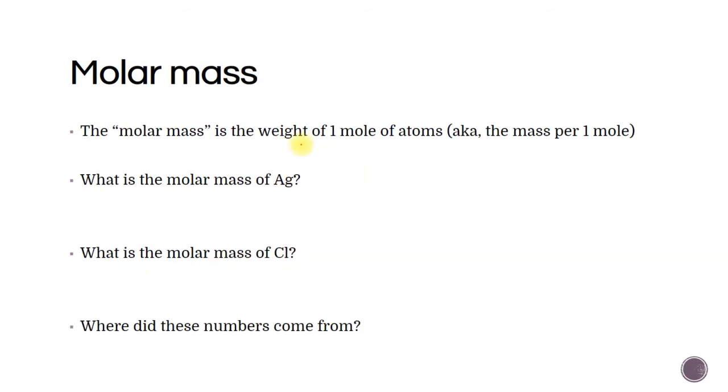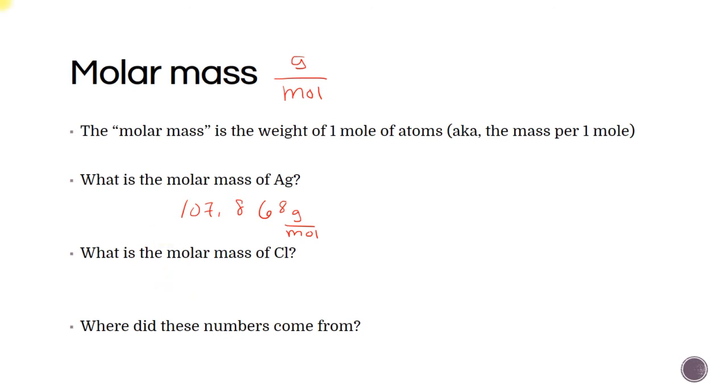Right, so when we say molar mass, what that means is those numbers off the periodic table where the unit is grams per mole. So from that problem we just did a few minutes ago, if you look at the mass of silver on the periodic table, okay, it says it is 107.868 grams per mole.